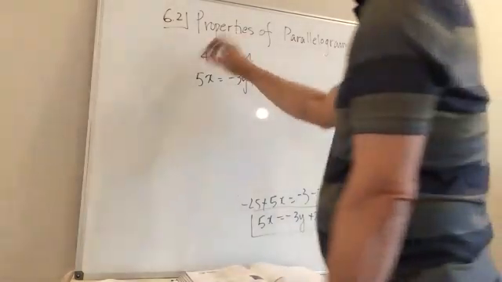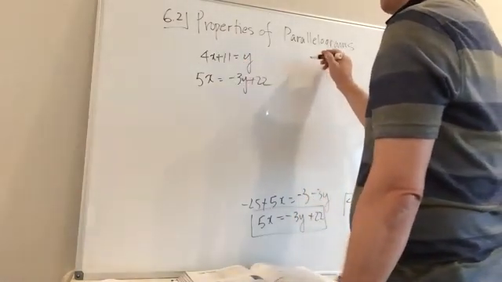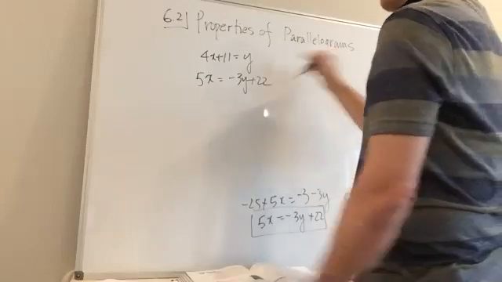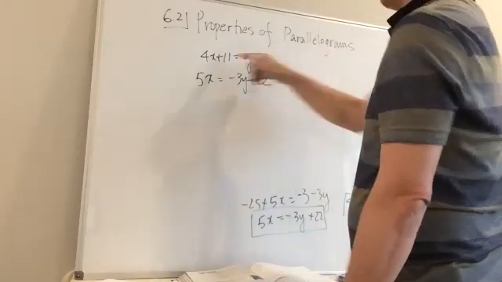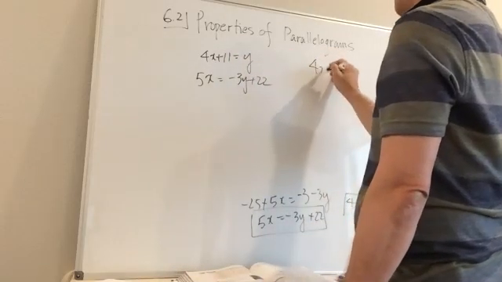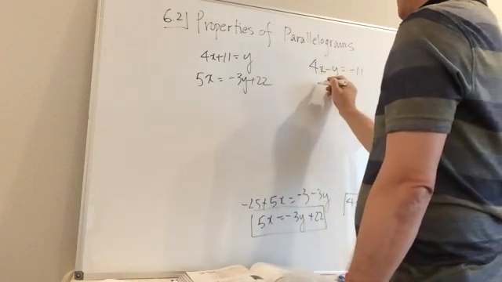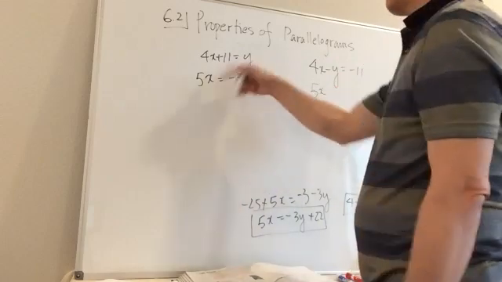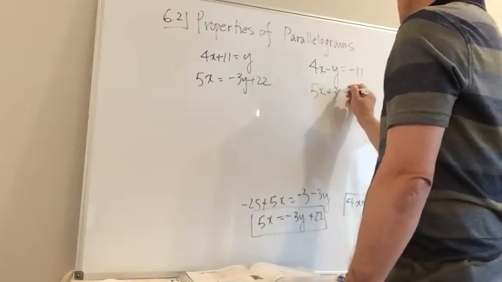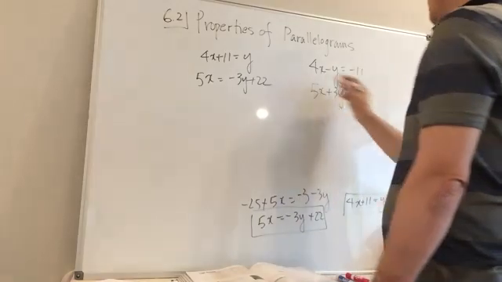Let me clean this up, see if this brings your memories back. So I'm going to move the y over here and the 11 over here. So I'm going to have 4x minus y is negative 11. I'm going to have 5x, move the 3y over here, plus 3y equals 22.